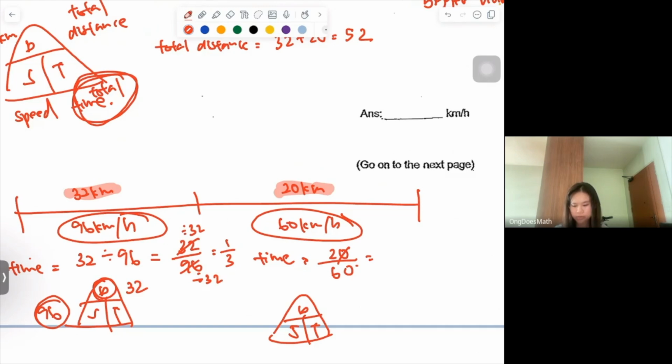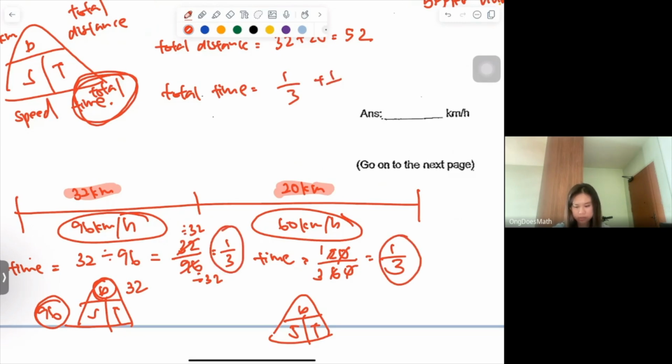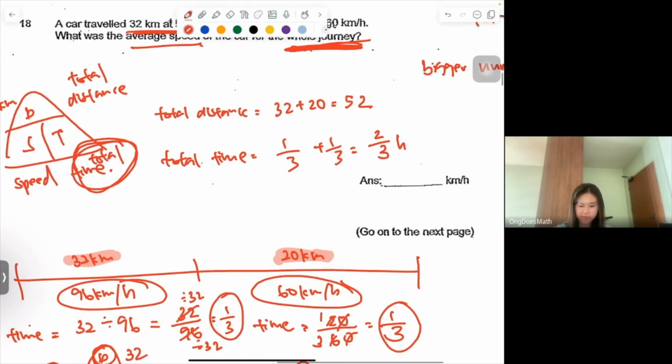So cancel a 0. Both are divisible by 2. 2 divided by 2 gives you 1. 6 divided by 2 gives you 3. So you also have 1/3. The total time taken for the whole journey was 1/3 plus another 1/3, which gives you 2/3 hour.